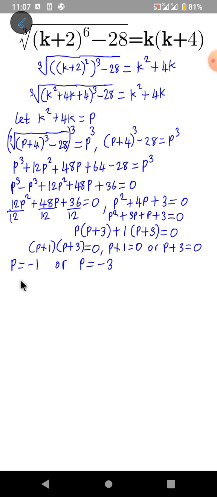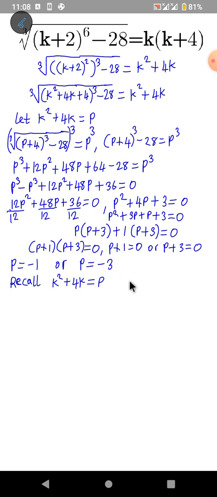Now I'm going to say recall that k square plus 4k is equal to p. And we have already gotten p as minus 1, or p is equal to minus 3.